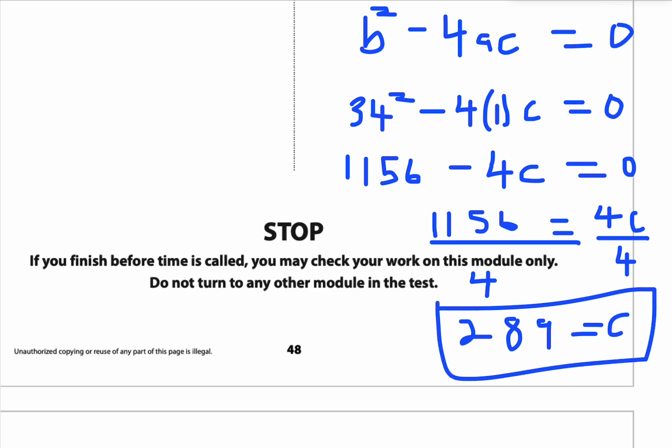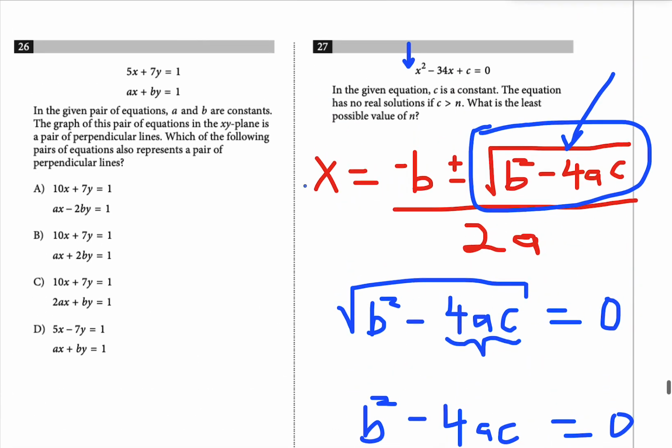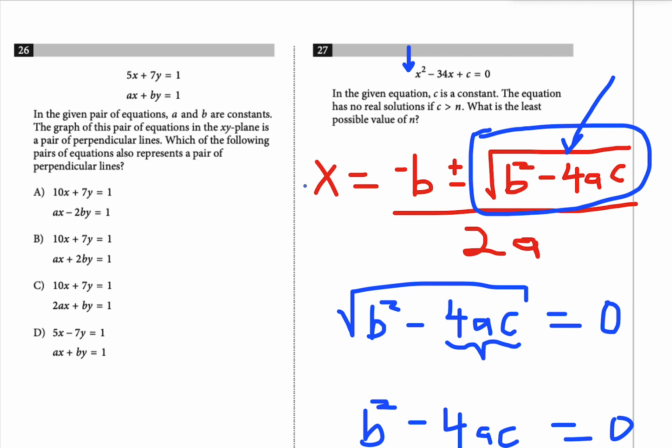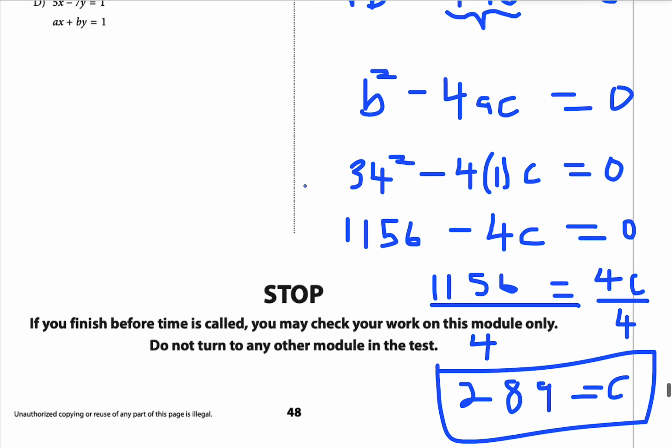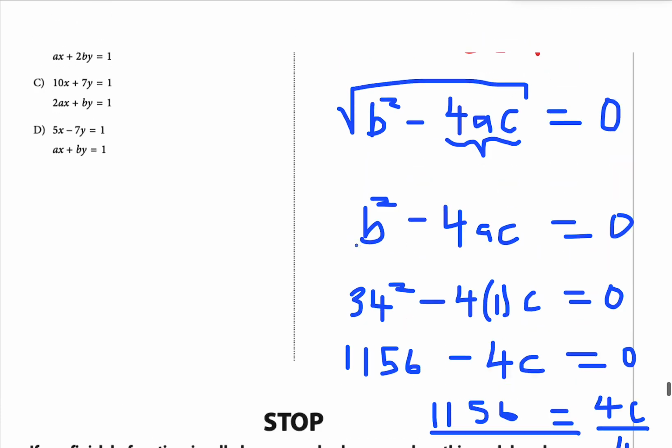So going back to the problem, what is the least possible value of n? n has to be 289.